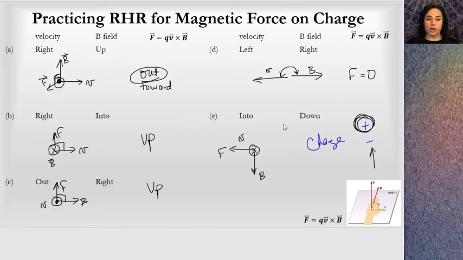So for instance, on this last problem that we just looked at, we decided that velocity was into the page, B is down, force is to the left. All right. Go that far, and then if your charge is negative, you just say, well, it's the opposite direction. So the force on a negative charge will be to the right instead of the left.